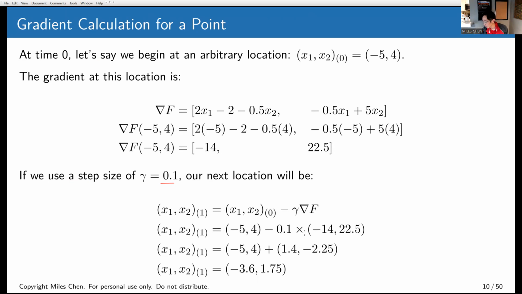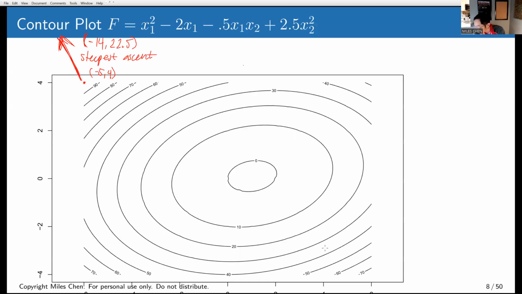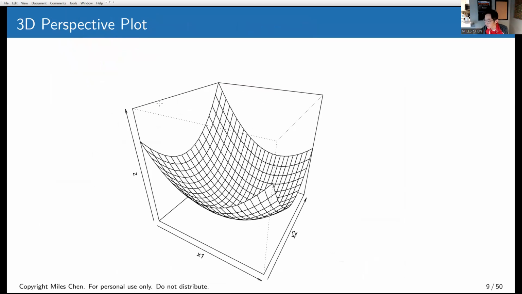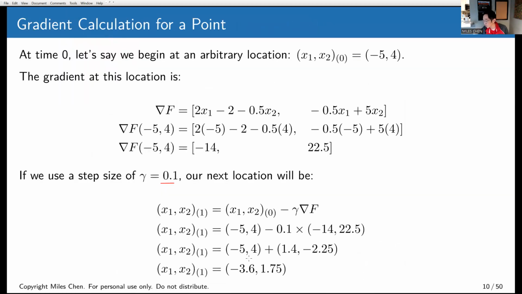When I do -1 times this, I get positive 1.4 and -2.25. So now I'm moving in the opposite direction. I add 1.4 and -2.25, and I end up with -5 plus 1.4 giving me -3.6, and 4 minus 2.25 giving me 1.75.